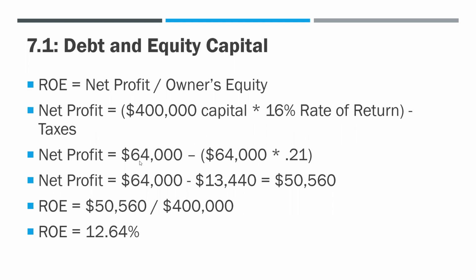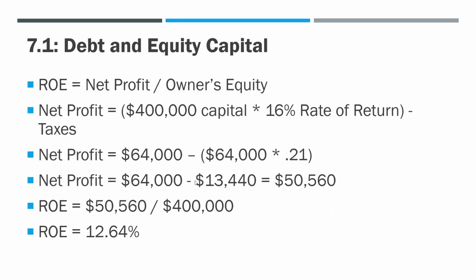So our net profit, we do the multiplication. The earnings before interest and taxes is 64,000 minus zero interest minus taxes calculated at $64,000 times the tax rate of 21%.